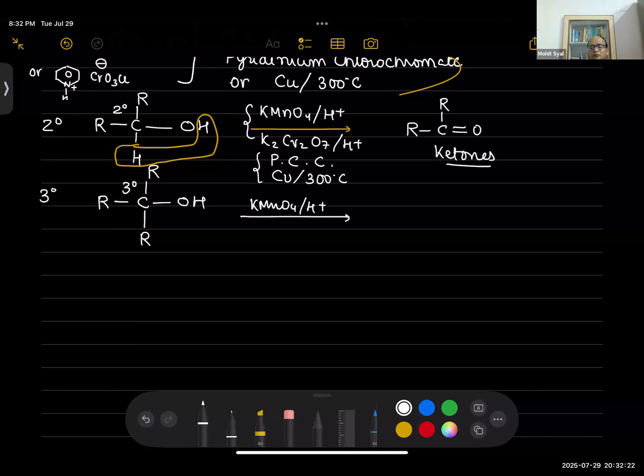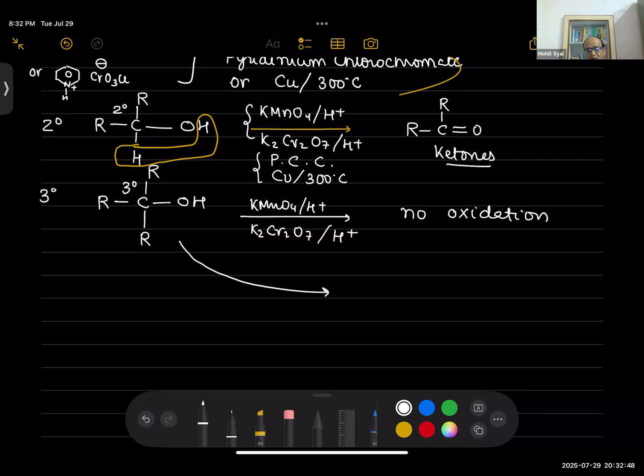Is there any H, Ibrahim, connected to the carbon bearing the OH? No. So how will I make the double bond? Will it be possible? It will not be possible. So what should I say? No oxidation. Is it clear or not?